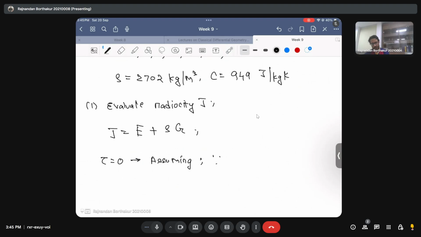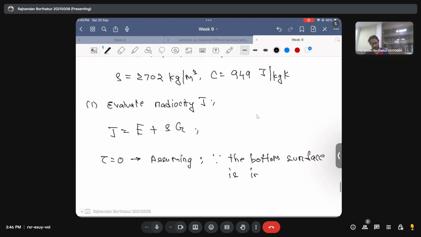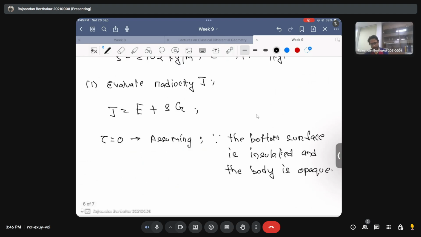So we can write that since the bottom surface is insulated and the body is opaque, my alpha is going to be 1 minus rho.